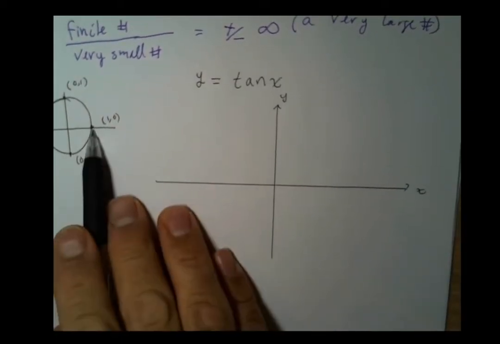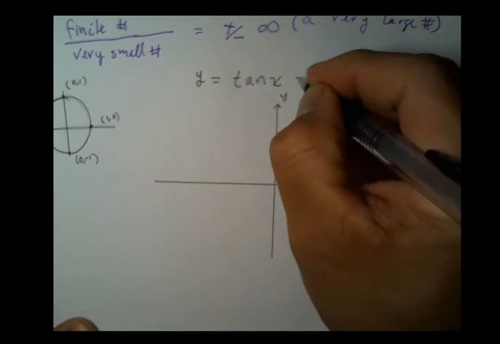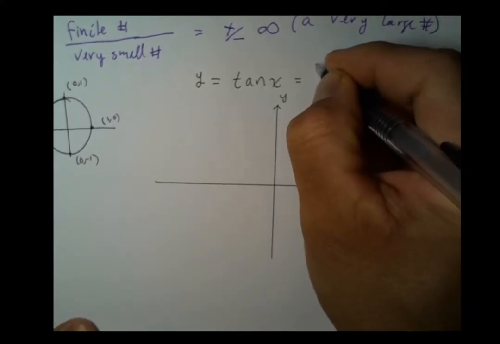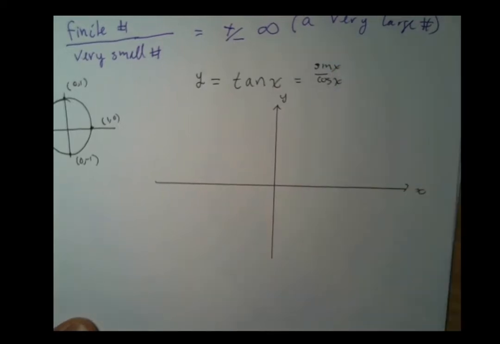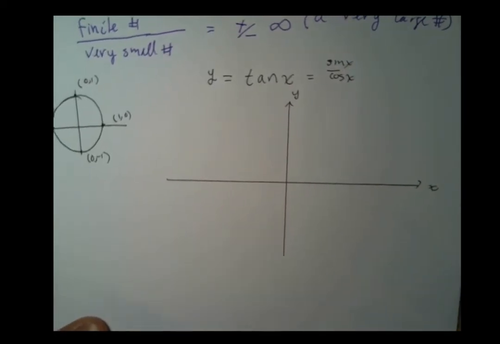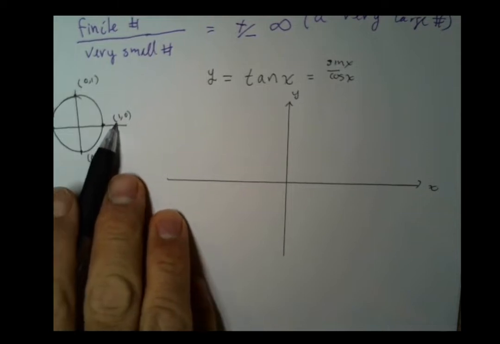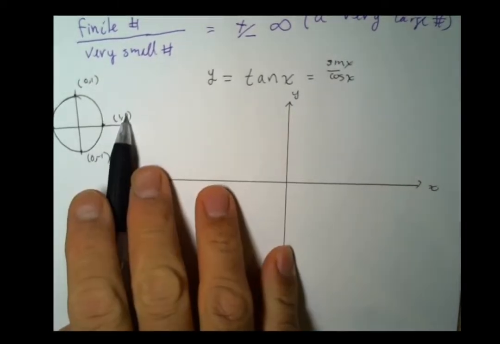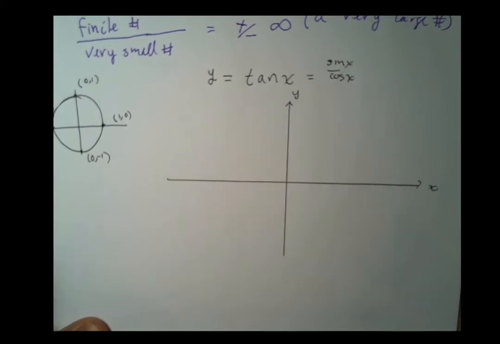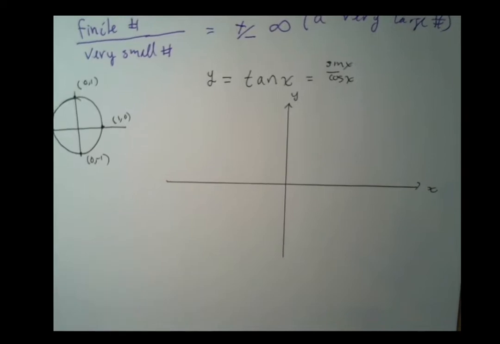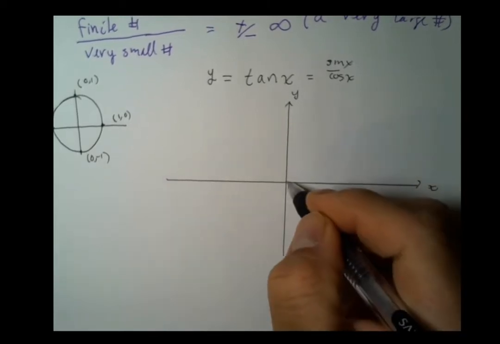Okay, so keep in mind y is equal to tangent of x, same as sine of x over cosine of x. So we're taking the ratio of these values. To begin with, the cosine of 0 is 1, and the sine of 0 is 0. Now remember, 0 in the numerator is perfectly okay. All that means is that the value is going to be 0.